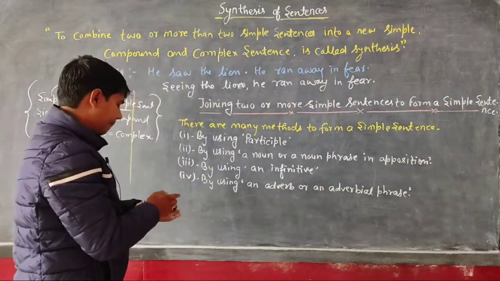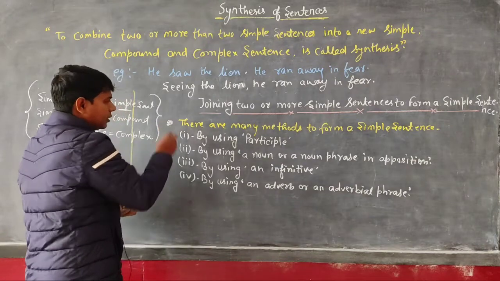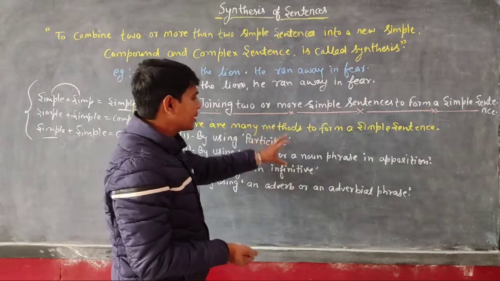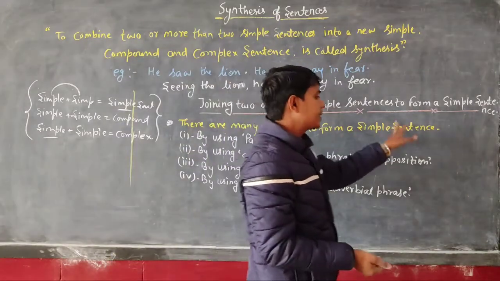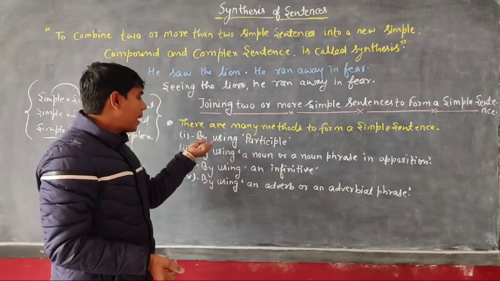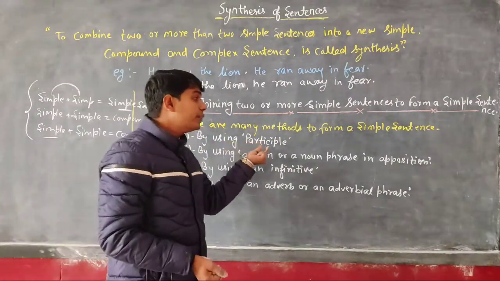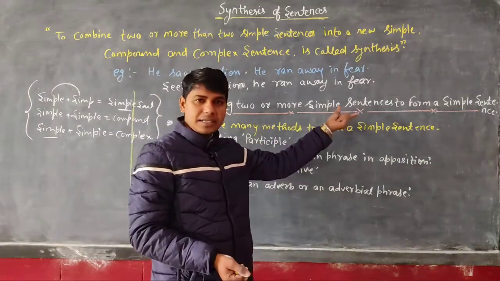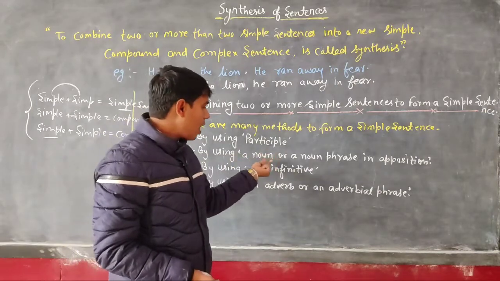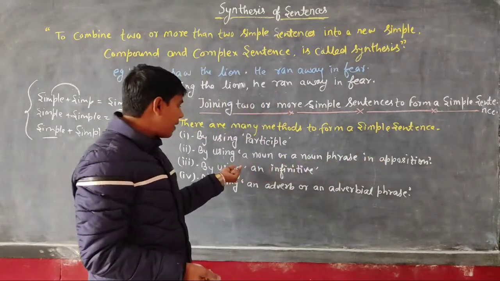So let's see the point, that there are many methods to form a simple sentence. Okay dear, what are the methods? The first one, by using a participle. By using a participle we can form a simple sentence. Second one, by using a noun or a noun phrase in apposition.